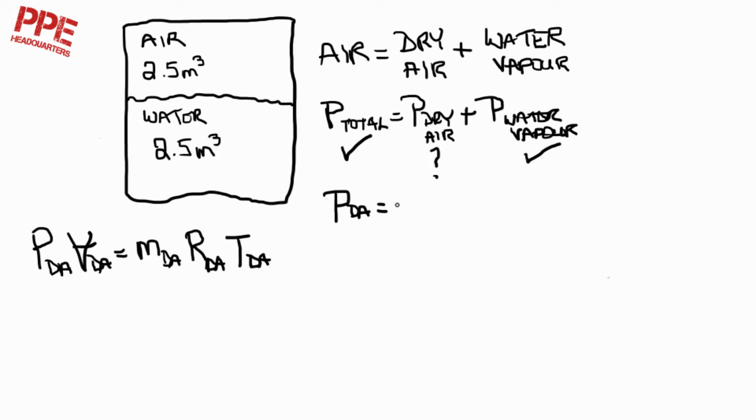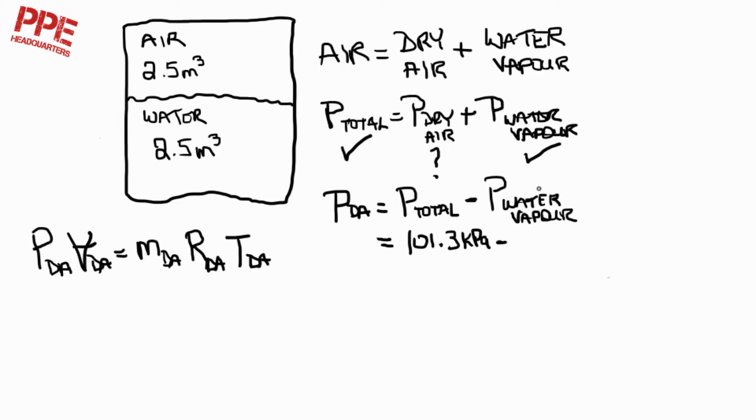We're going to rearrange to solve for P dry air. That equals P total minus P water vapor. I just subtracted P water vapor from both sides of the equation. P total is 101.3 kPa, which is atmospheric. I always write down my units, otherwise I screw things up.